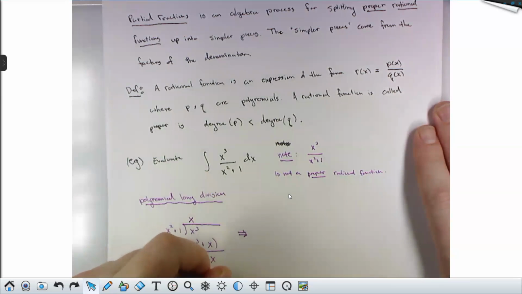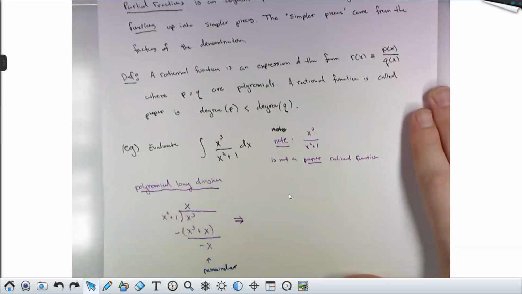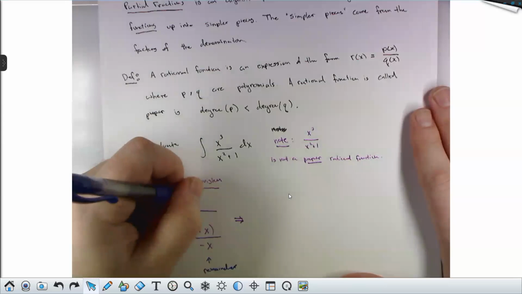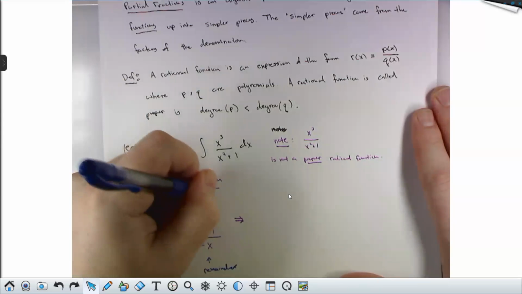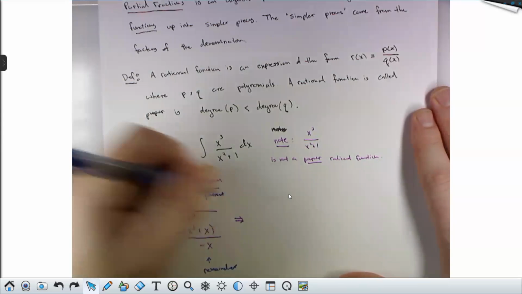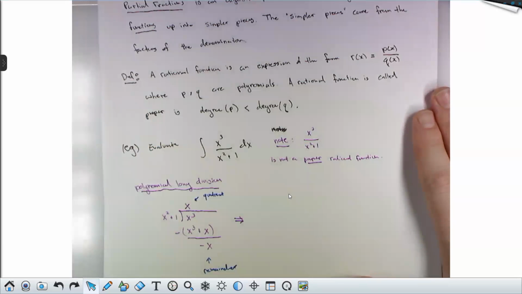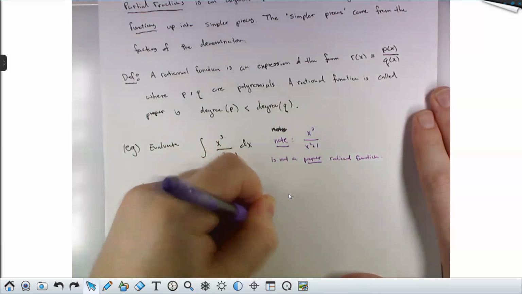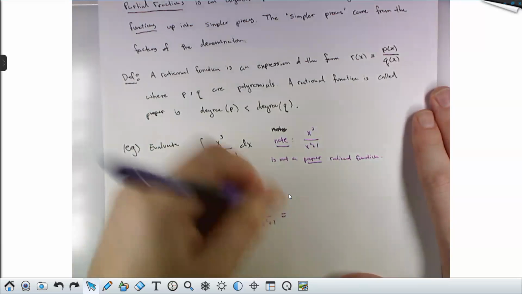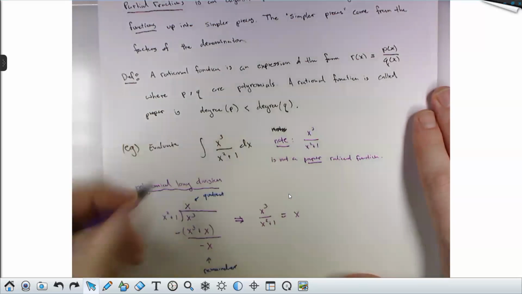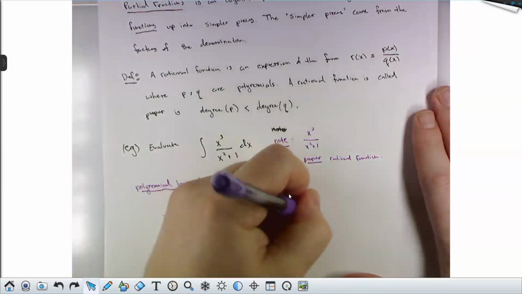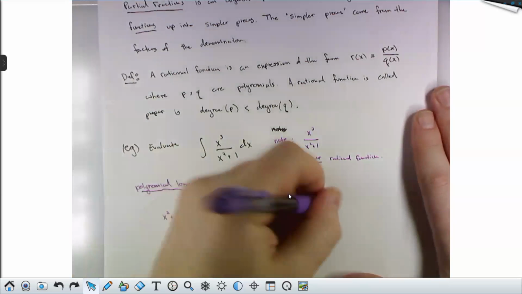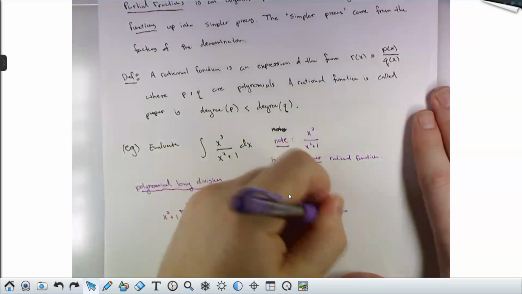Just like when you learned how to do division with integers in 2nd grade, this piece up here is called the quotient. And what this polynomial division shows us is that x cubed over x squared plus 1 can be rewritten as x, this quotient, plus negative x over x squared plus 1.